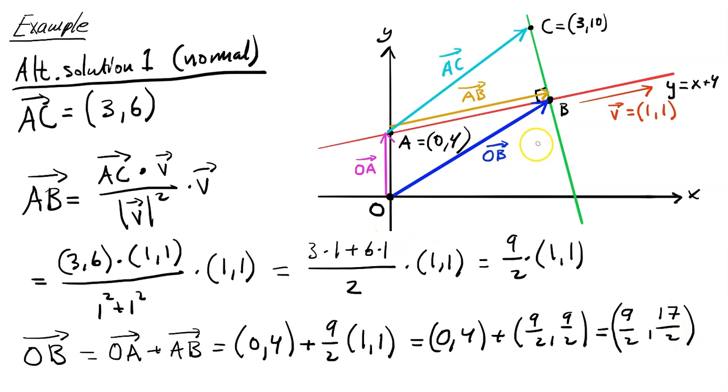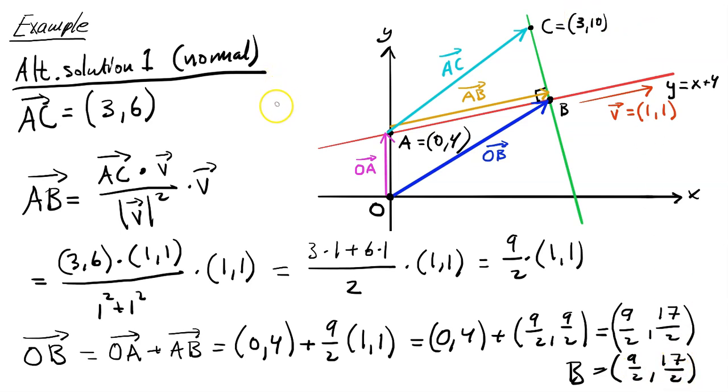Then we know now the blue vector. So it's 9 half, 17 half. But the blue vector has the same components as the coordinates of this point, since they start from the origin. So we know that B is equal to this one. And this is 4.5, and this is 8.5.